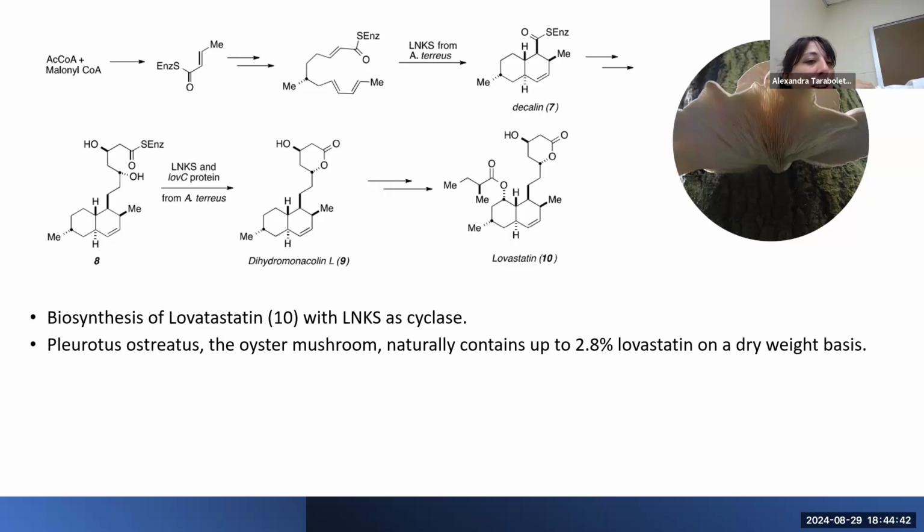I'm showing a picture here, and the Latin name, Pleurotus ostreatus, which is oyster mushroom. My bad pronunciation. Oyster mushrooms naturally form lovastatin, which, by the way, if you know anyone who has high cholesterol and has to take statins, is a very, very important drug that is making lots of money for some pharmaceutical chemists.